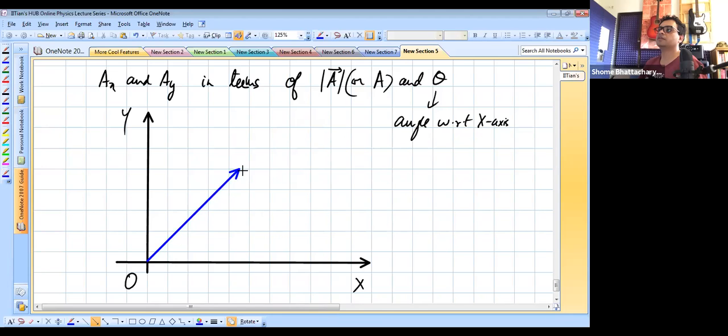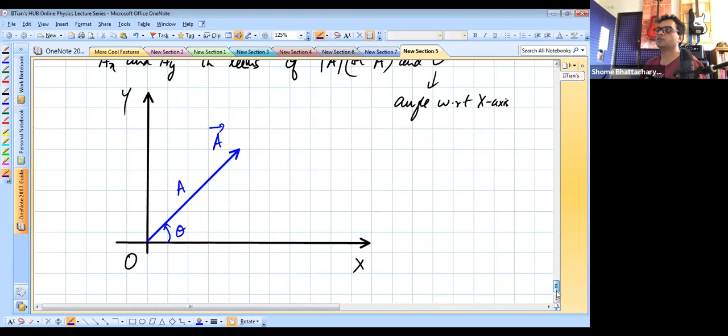So this is my vector A. As you can see, this particular length over here is nothing but capital A, the magnitude of the vector. And this is the angle theta that I'm talking about. Here just for reference, I've taken this angle in the first quadrant, but the vector could have been over here, in the second quadrant, or in the third quadrant, whatever be the case. All the cases now we have understood geometrically.